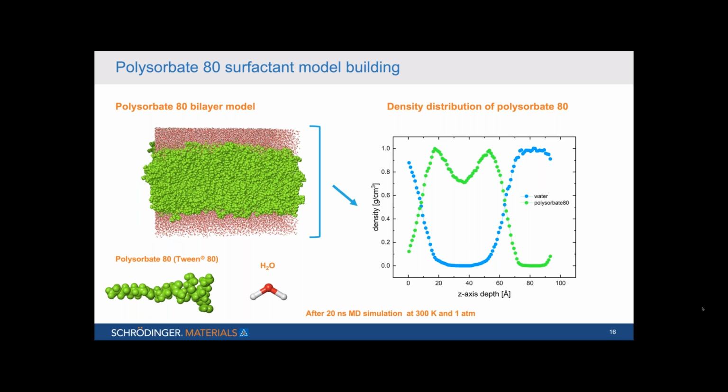This is a really simple example showing that as you take slices of this system, going vertical here, the water is clearly phase separated from the polysorbate 80, and this is relatively stable. That's really easy and somewhat something we already understand through years and years of working with surfactants.